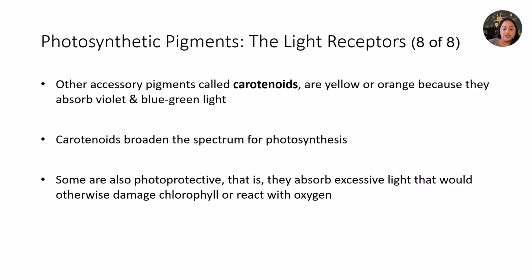They look orange because of that. This is what they reflect or transmit, and this is what they absorb, violet and blue to green light. So that also helps broaden the spectrum for photosynthesis for plants that have carotenoids. Some are also photoprotective, so they absorb excessive light that would otherwise damage chlorophyll or react with oxygen.